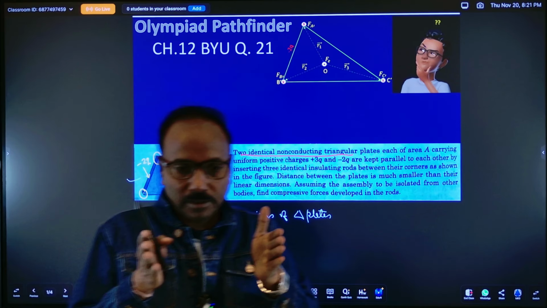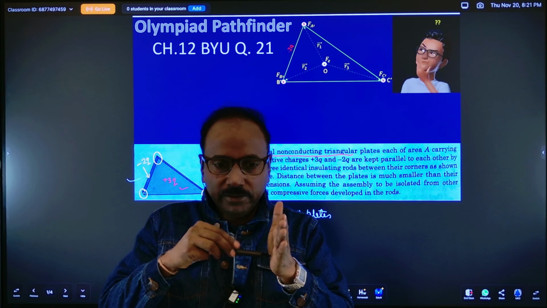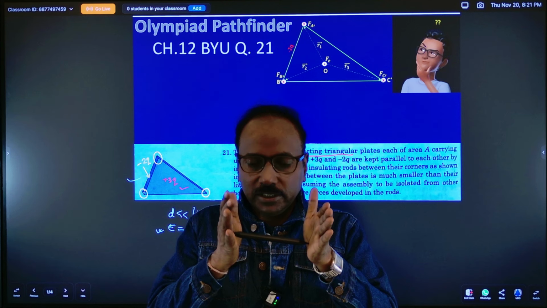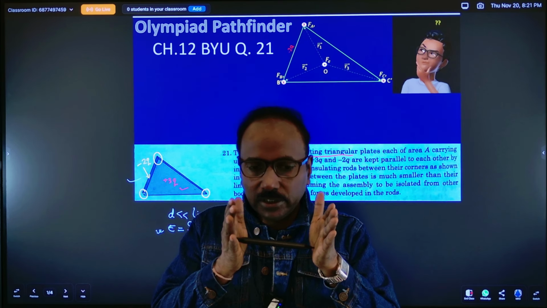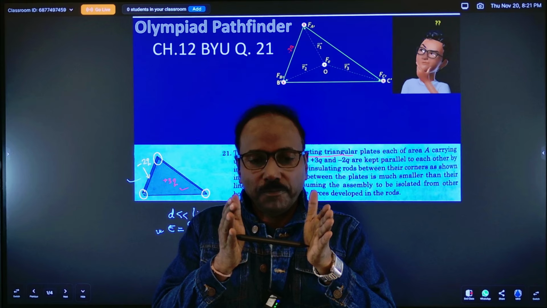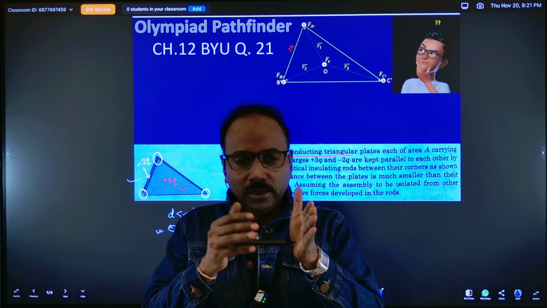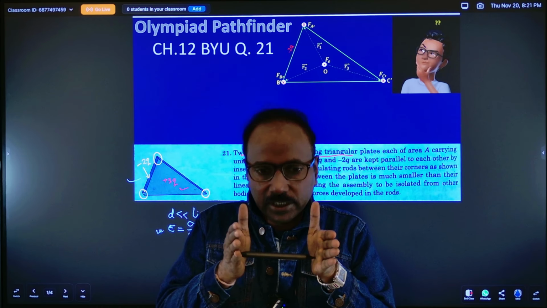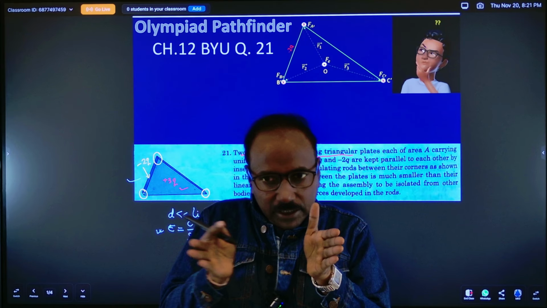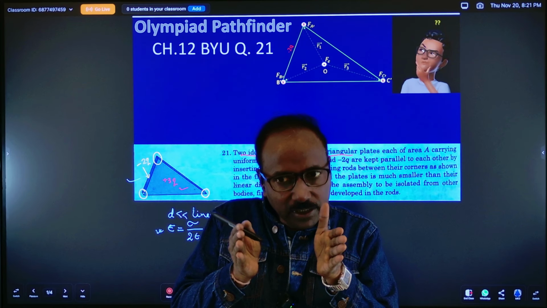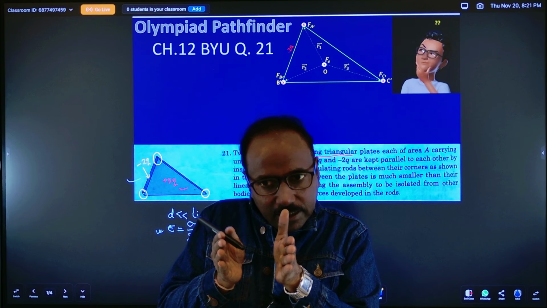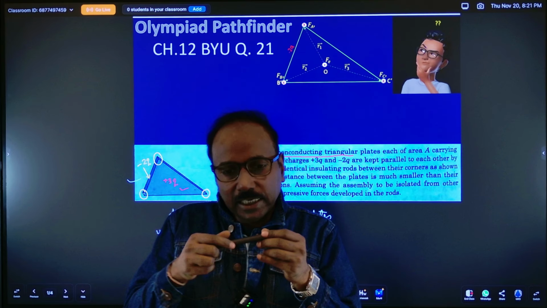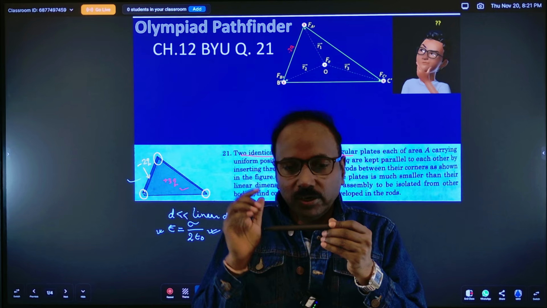So if this is the triangular plate, in between them at the corner, such a rod is fixed, so it will not allow them to collapse onto each other. So what is happening because of that? These two plates are getting attracted towards each other, this plate has a tendency to move this side, and this plate has a tendency to move this side, but the three rods are restricting it.